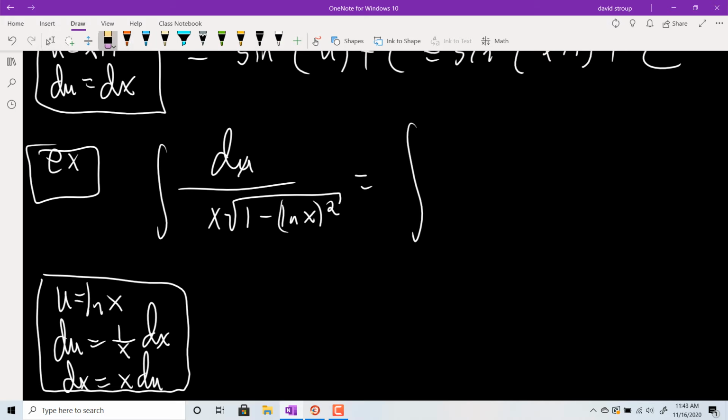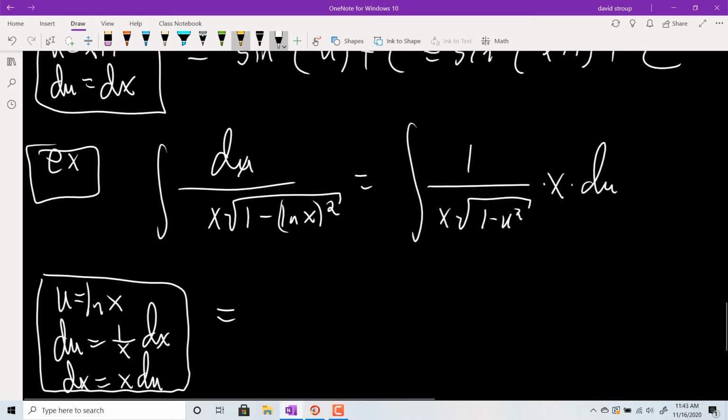So we have 1 all over x times the square root of 1 minus u squared, and then dx is now x du. So the x's are going to cancel out, and that's what we need to get through the gate, so to speak.